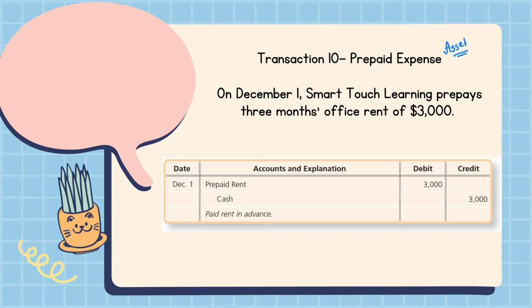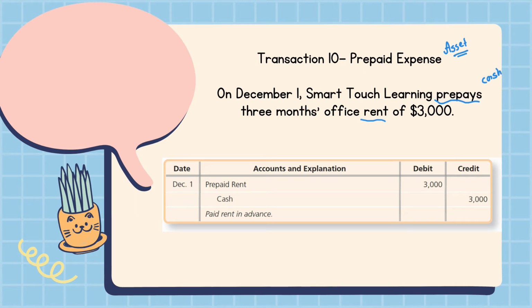Let's see, on December 1st, Smart Touch Learning prepays 3-month office rent of 3,000. So prepays office rent. Okay, it's gonna be prepaid expense. It's an asset account since I prepaid, so my cash has decreased.